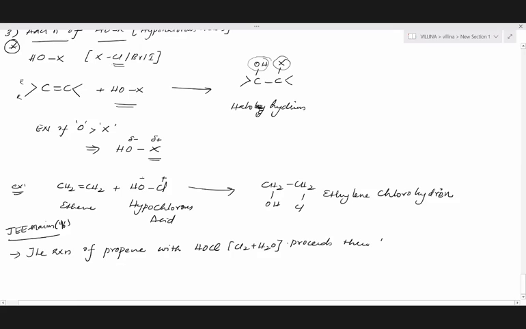So the question is, the reaction of propene with HOCl, that is Cl2 plus H2O. I will let you know why we are writing it separately also. Proceeds through the intermediate. So they gave the options.